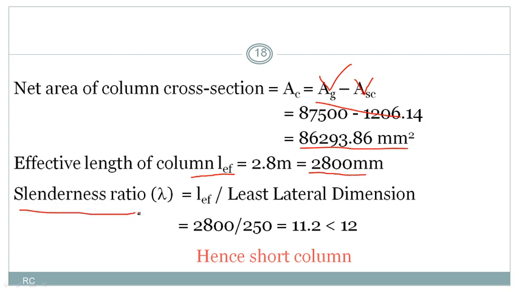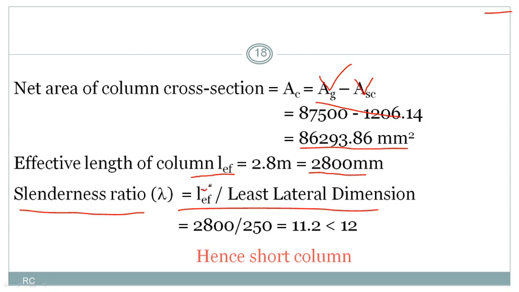Now we have to decide whether we need to calculate the load carrying capacity of a long column or a short column. It does not mention in the problem whether it is a long column or short column. We have to decide that based on the slenderness ratio. You know the slenderness ratio is nothing but the effective length of the column by the least lateral dimension.